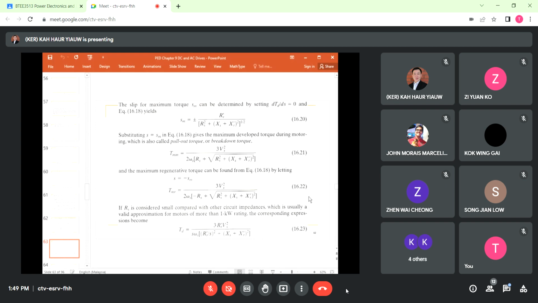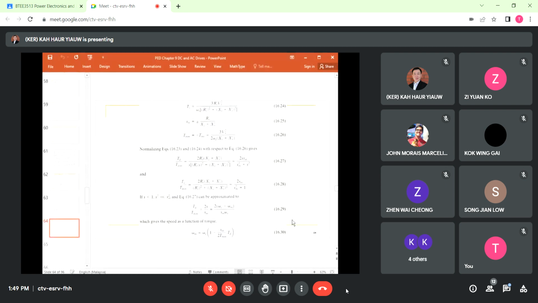If Rs is considered small compared with other circuit impedances, which is usually a valid approximation for motors more than 1 kilowatt rating, the corresponding expressions become, for example, Td rewritten in equation 23. Ts, Sm, and Tmn are rewritten in equations 24 to 26 respectively.